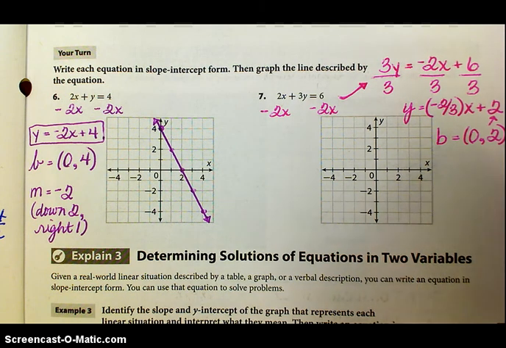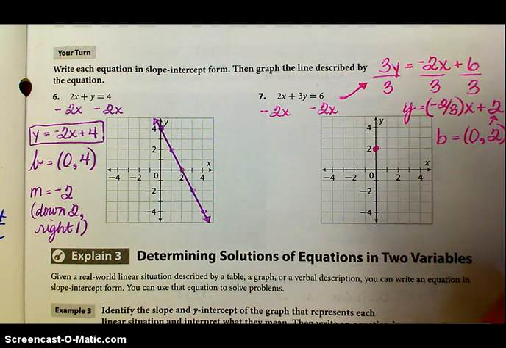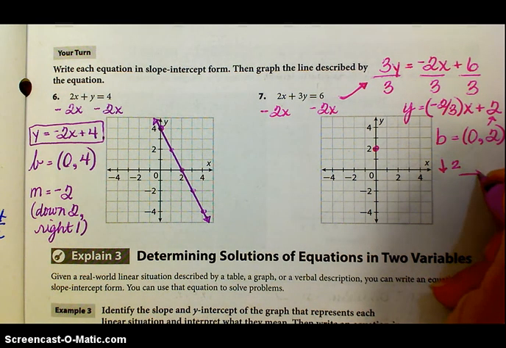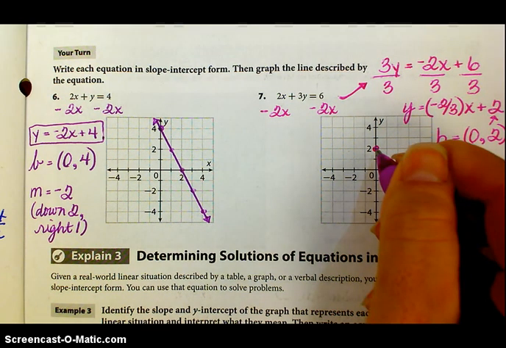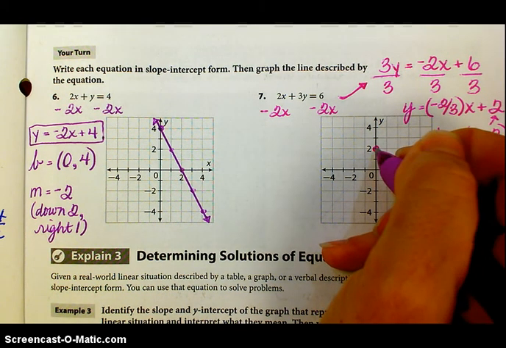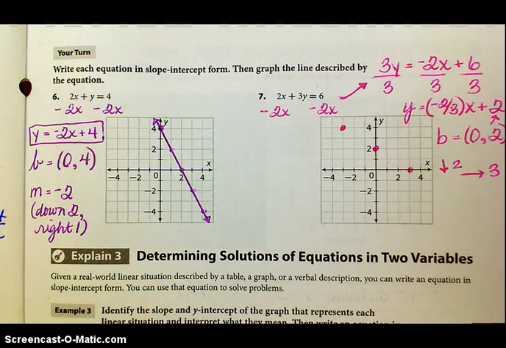That's right there. And then the slope tells me to go down 2 and over 3, or up 2 and to the left 3. And then connect your points.